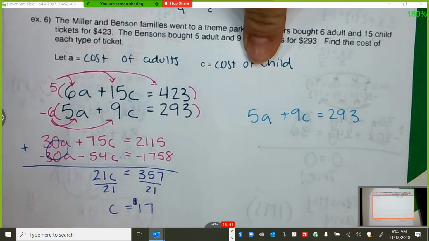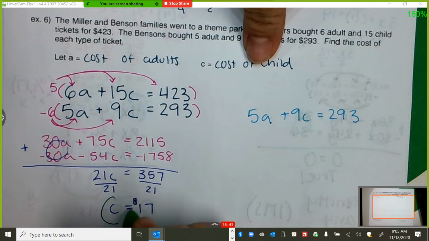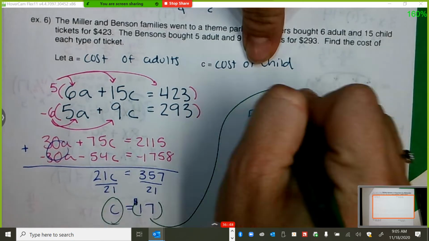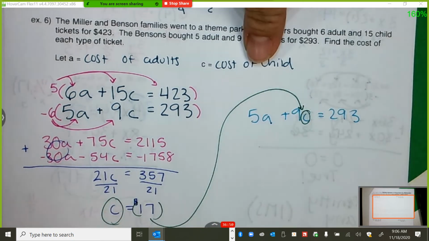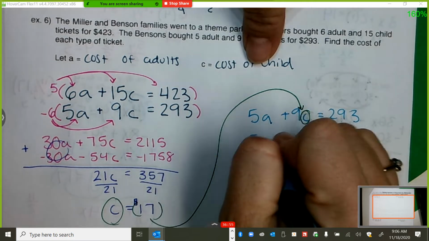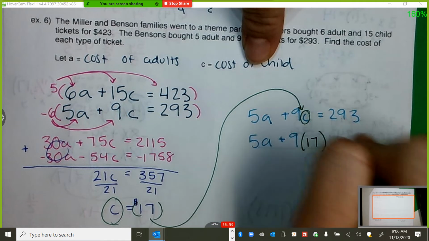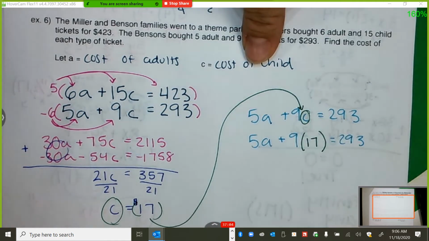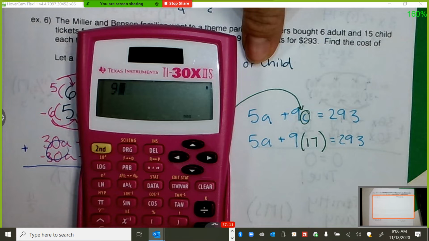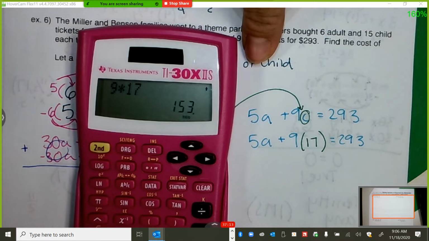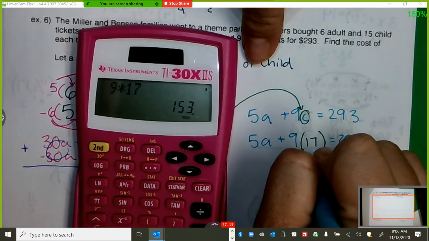So I know that C is 17, so I'm going to replace C with 17. 5A plus 9 times 17 equals 293. Nine times 17 is 153. Goodness gracious.